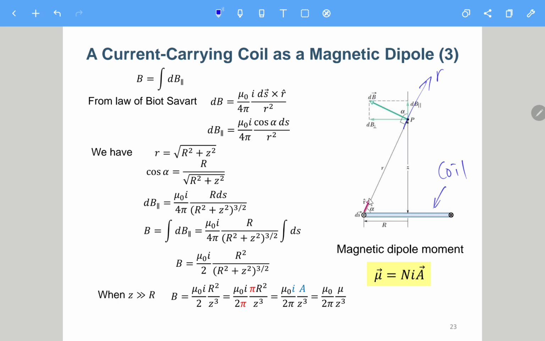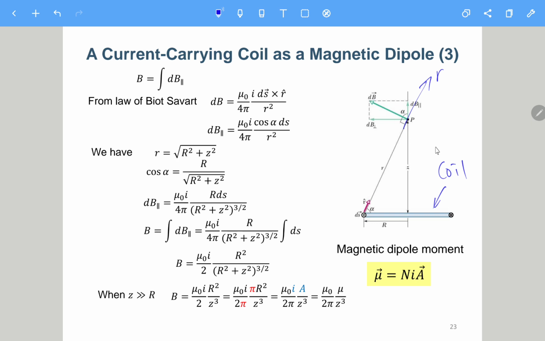Using the right hand rule, you cross it, so dB is pointing to the top left. Then we can decompose this dB along the z-axis and along the xy plane. We have dB parallel, which is along the z-axis, and dB perpendicular, which is along the xy plane.